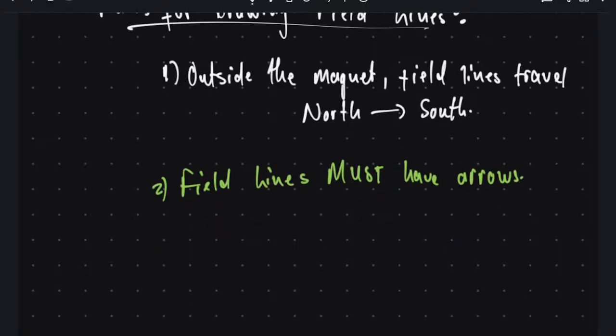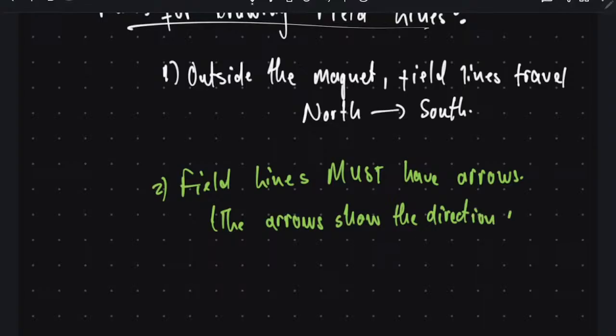In brackets say the arrows show the direction of magnetic force. Are we together?